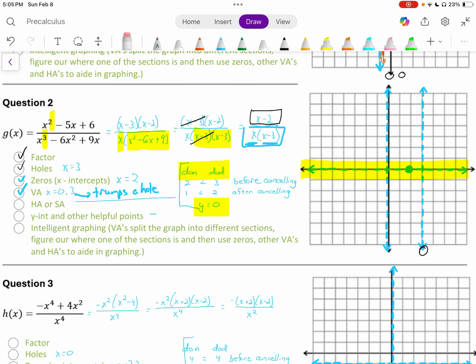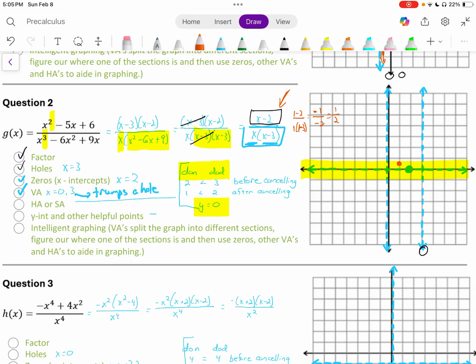So for instance, we could take x equals 1 and put it into our function, probably our most simplified function. So we would have 1 minus 2 over 1 times 1 minus 3, and that gives us negative 1 over negative 2, which is 1/2. So when we put in 1, we get a half.